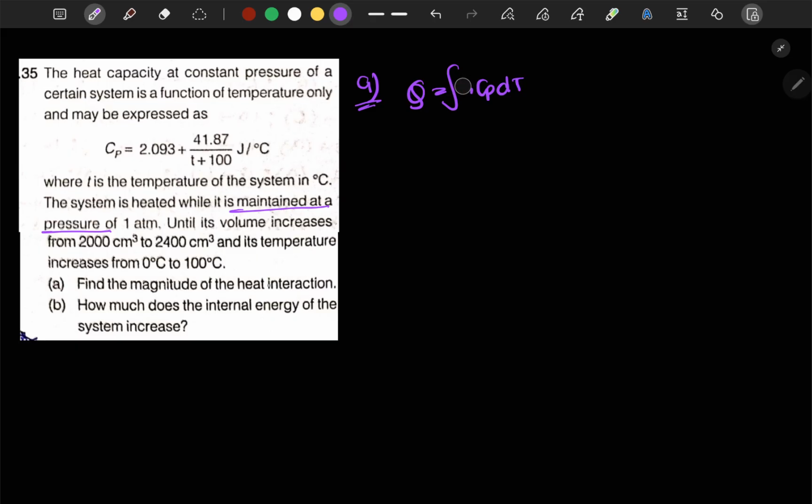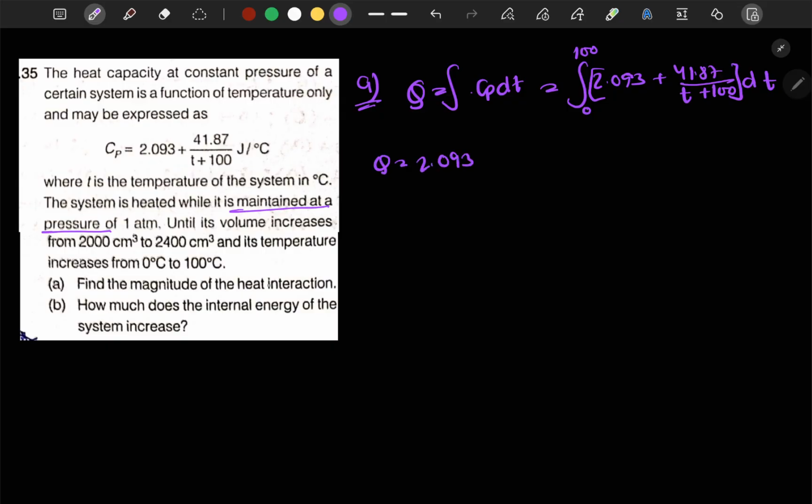If we want it per kg, we can directly use Cp dT, where Cp is equal to 2.093 plus 41.87 upon T plus 100, times dT. Now we can proceed with the integration from 0 to 100.